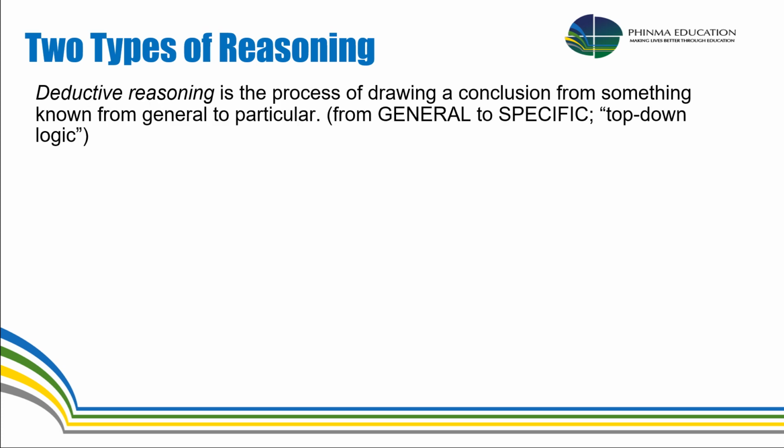The first type is deductive reasoning. Deductive reasoning is the process of drawing a conclusion from something known, from general to particular. So deductive reasoning goes from general to specific, or what we call top-down logic.